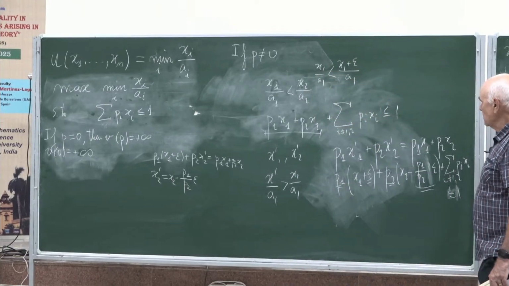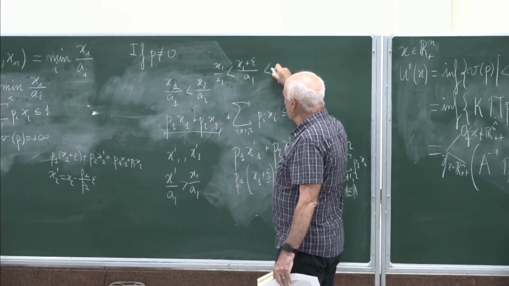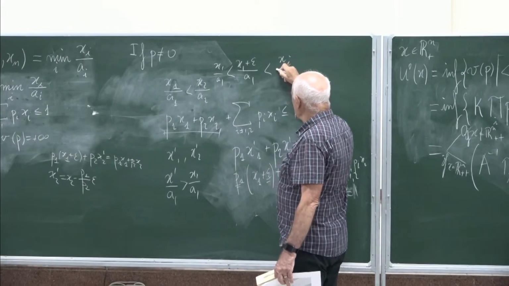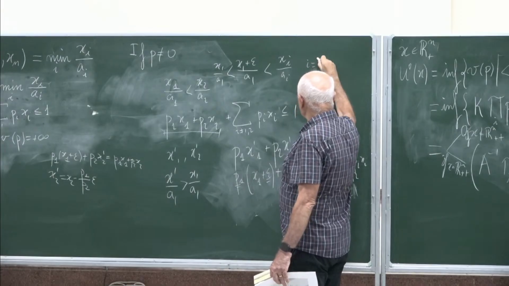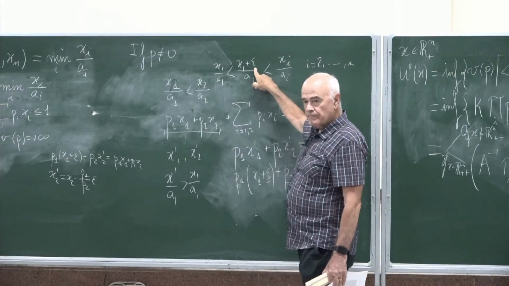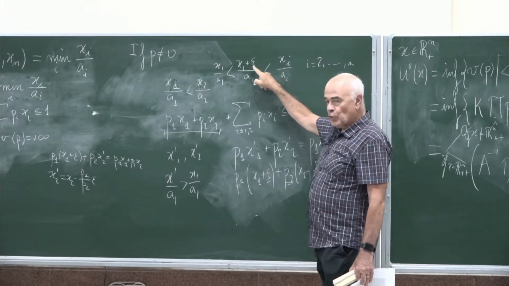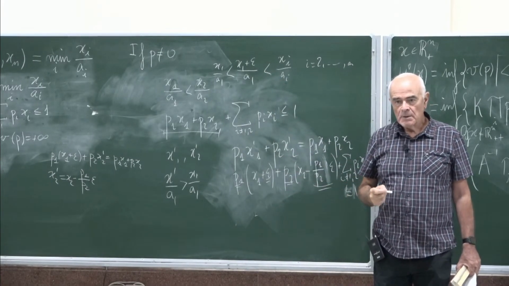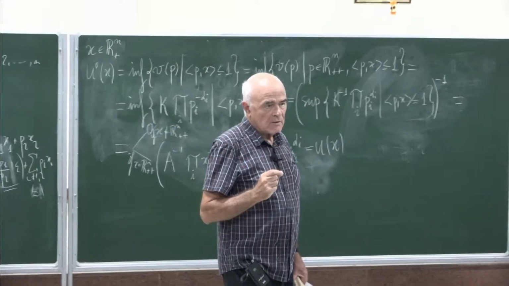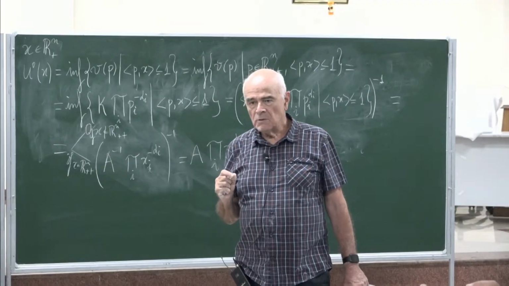I have added epsilon, but it will still be less than the remaining xi over ai, if epsilon is small enough, because this inequality was true for epsilon equals 0. So we have a finite number of conditions here, then we can find such an epsilon. Is it now more clear what I said?